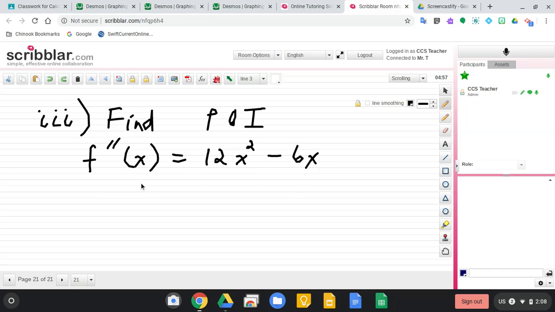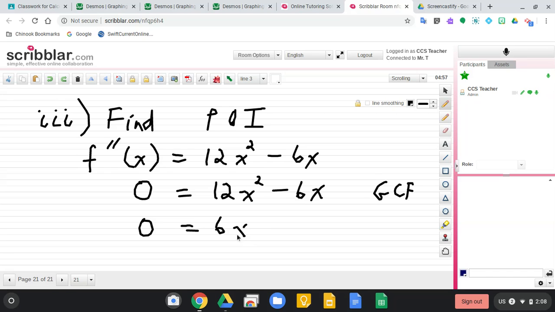And to find the other inflection points, we take the second derivative, set it equal to 0. And again, I can solve this by taking out a GCF. My greatest common factor in this case is going to be a 6x. So if I take the 6x out, that will leave me with 2x minus 1.